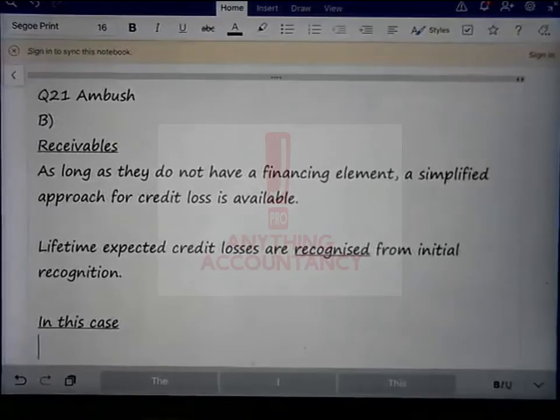So you just have to learn. In this case, 1 December. What are you going to do? 2000x4.